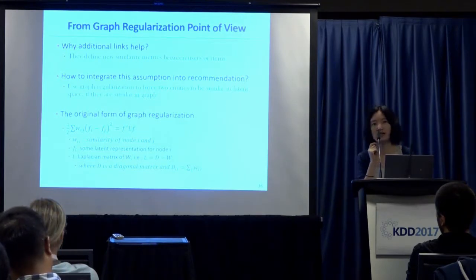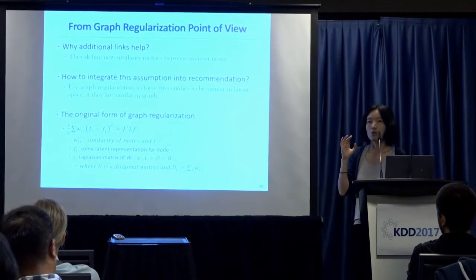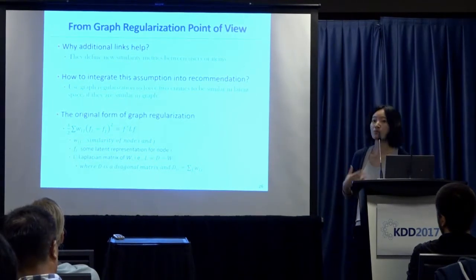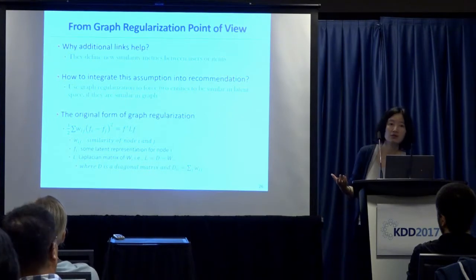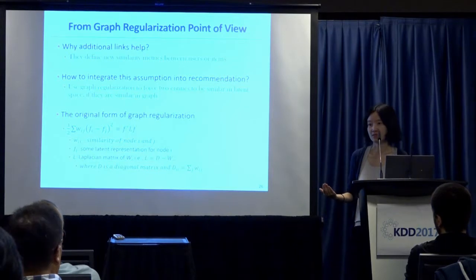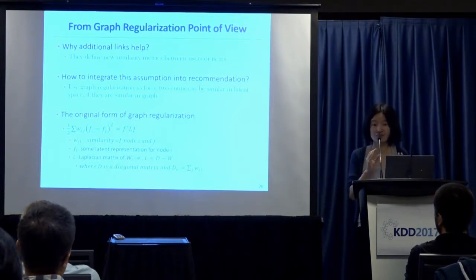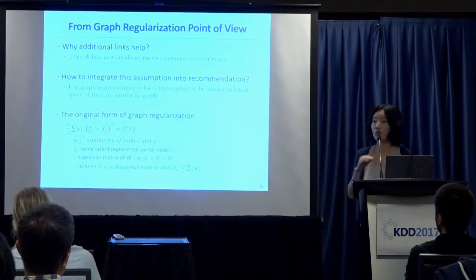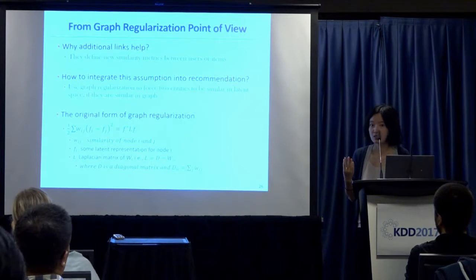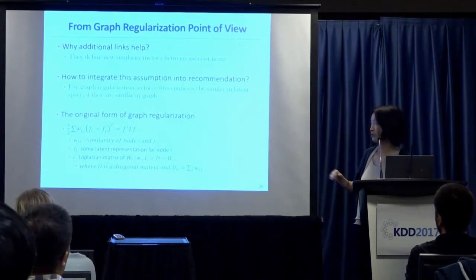So the essential idea is that why there are links between people, for example, why you make friends with other people, most likely is caused by homophily. So essentially, the two entities share some similarity, right? So we wanted to utilize this heuristic. And how to utilize it? It can be captured by the so-called graph regularization.